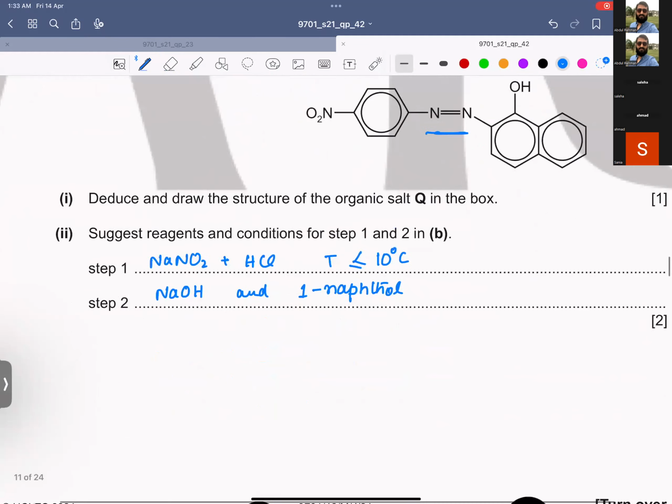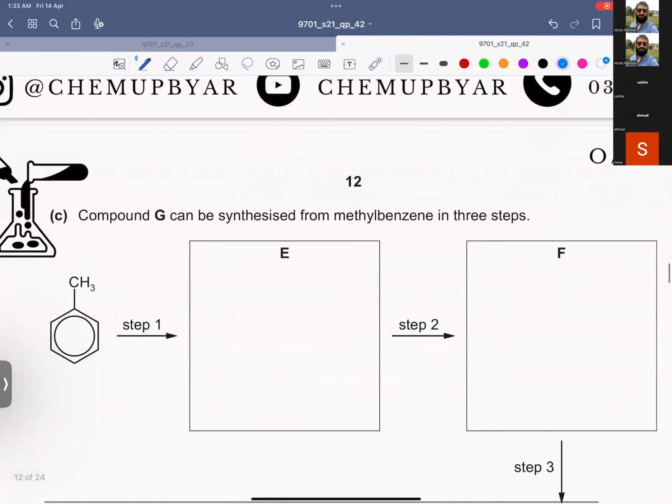Now, next part. Compound G can be synthesized from methyl benzene in 3 steps.